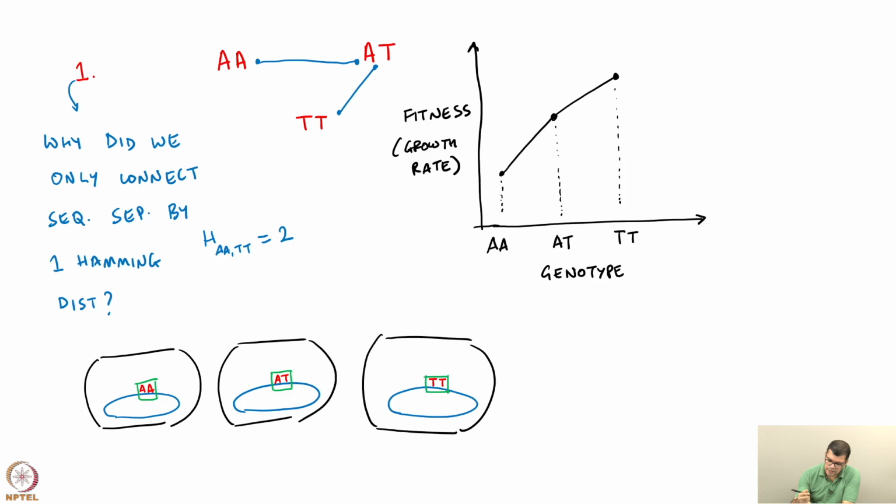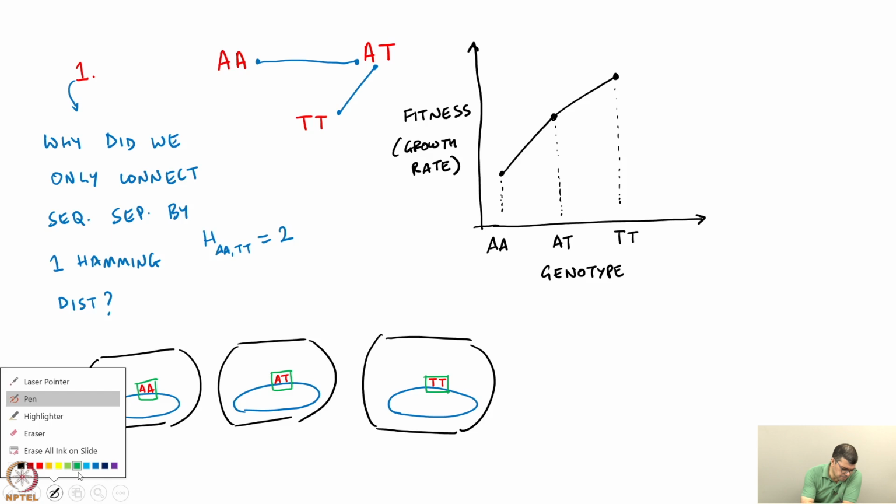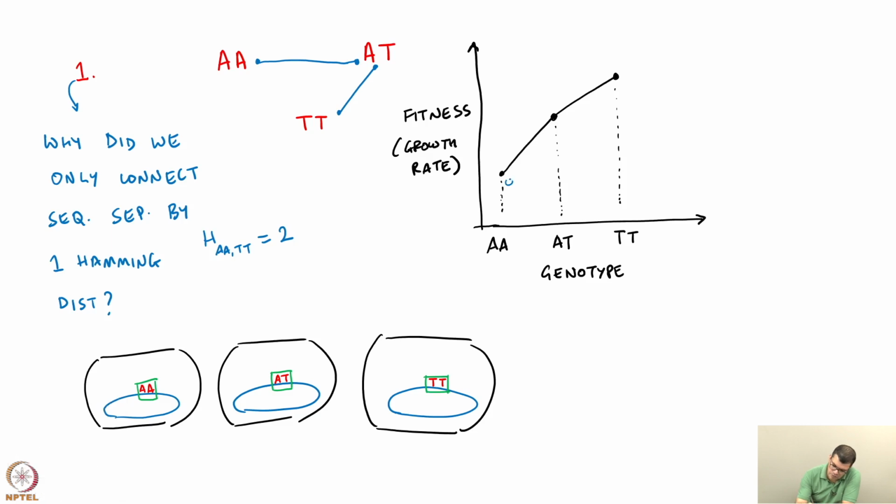So, in that context, let us imagine that our starting population is at AA and it has a size n.